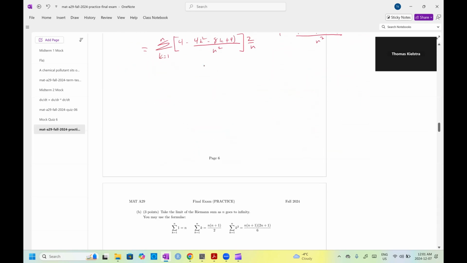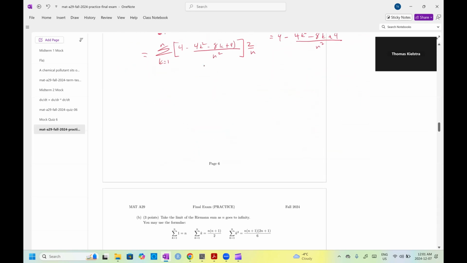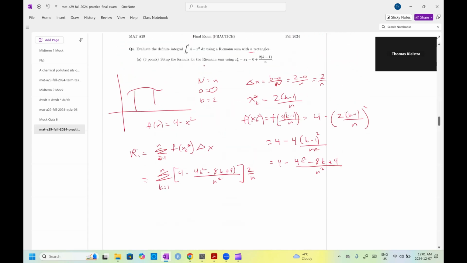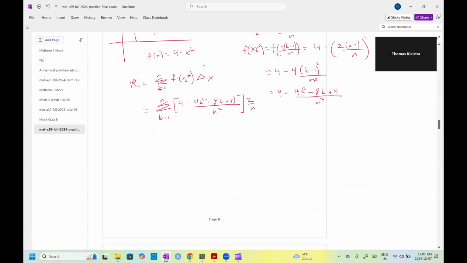Okay. Now in the second expression, I'm going to expand this Riemann sum and use these formulas. And I'm going to take the limit of the Riemann sum as n goes to infinity. But I'm going to finish here and get into what's called closed form by distributing and solving.